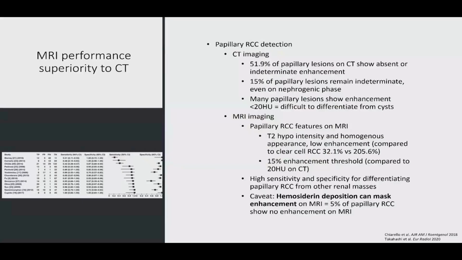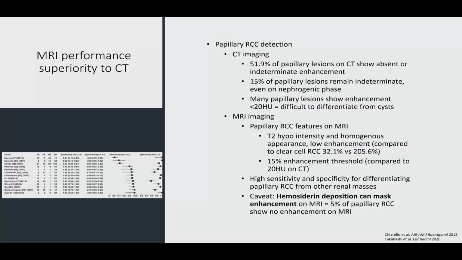There are some scenarios where MRI outperforms CT in the diagnosis of RCC, and one of these scenarios is for papillary RCC lesions. So half of the lesions, as we mentioned earlier, have either absent or indeterminate enhancement on CT, and this can persist for some lesions in the nephrogenic phase as well. On T2, in the MRI phases, papillary lesions are hypointense and homogeneous with low enhancement.